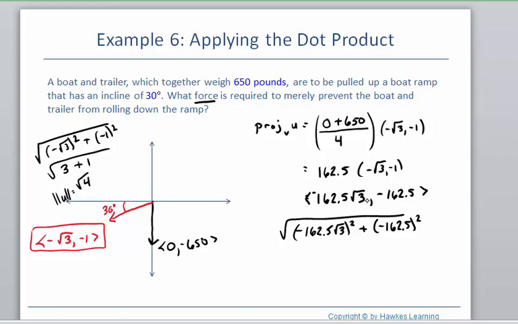On that first component, this should give you 79,218.75. And the second one squared is going to give you 26,406.25.